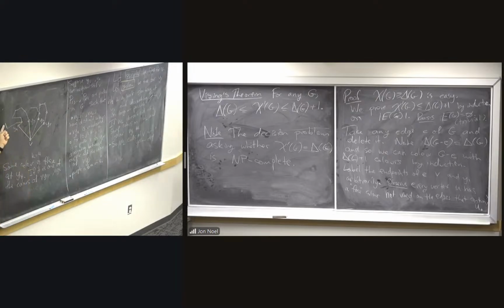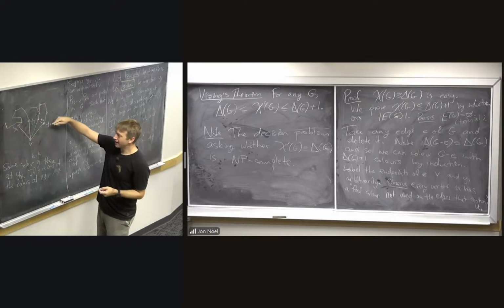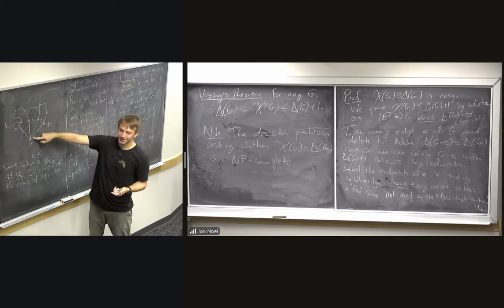Again, if this ends somewhere other than V, I can swap all the colors on that walk, and now purple will be free for y4, and I can color that edge with purple, and I'm done. So this walk has to end at V, but there's only one way that could happen. It would have to go through this yellow edge because there's no purple edges coming to V.